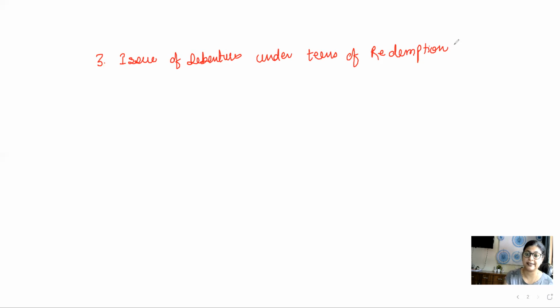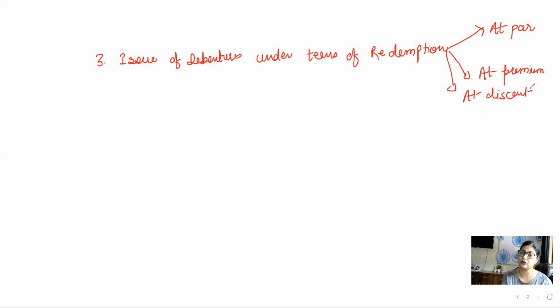So here we can have various combinations. The company can buy back the debentures, or the technical term used for it is redemption, at par, at premium, at discount. I'm writing it, but it will never happen practically because none of the debenture holders will be ready to sell the debentures to the company at the lower price. So this won't happen ever.